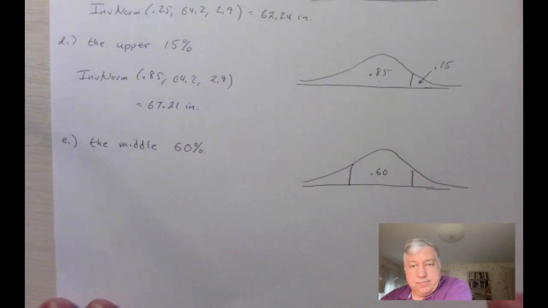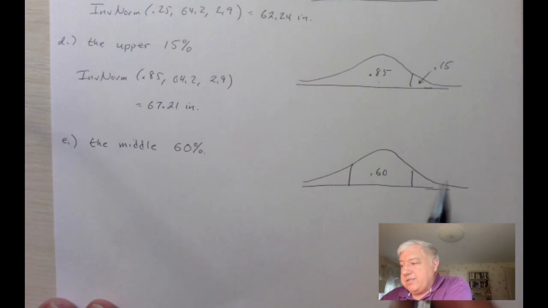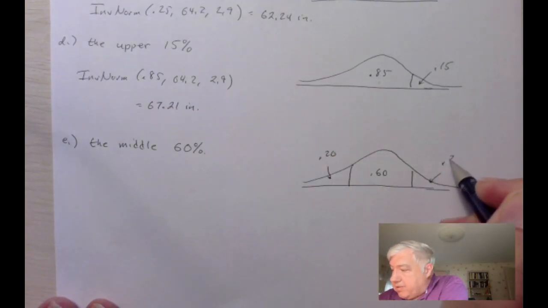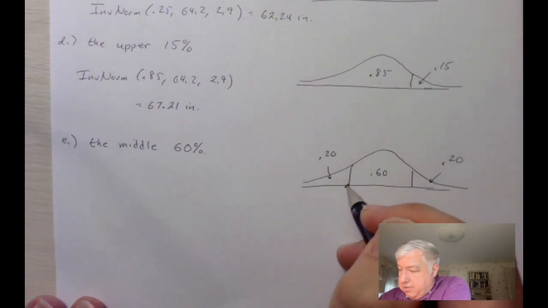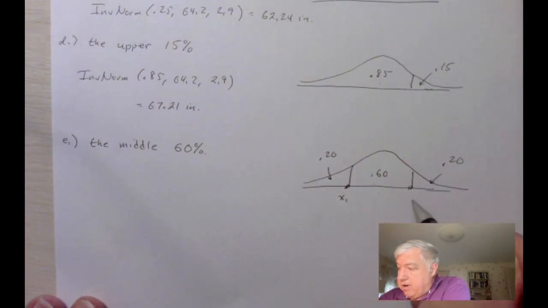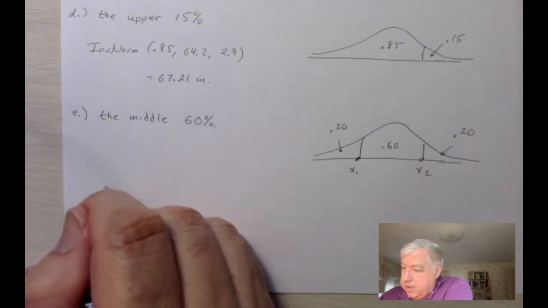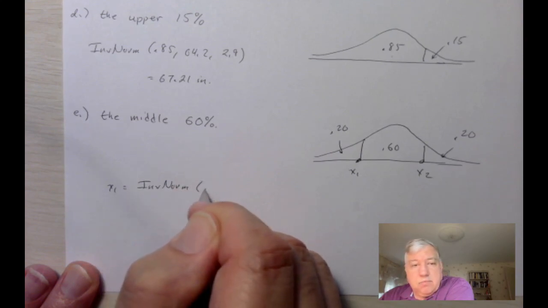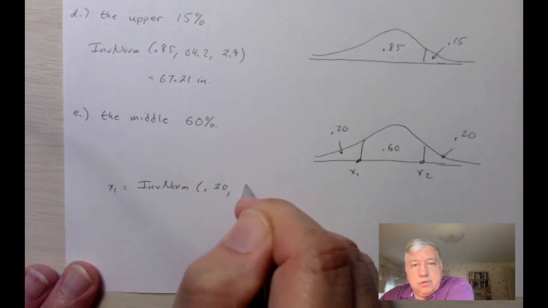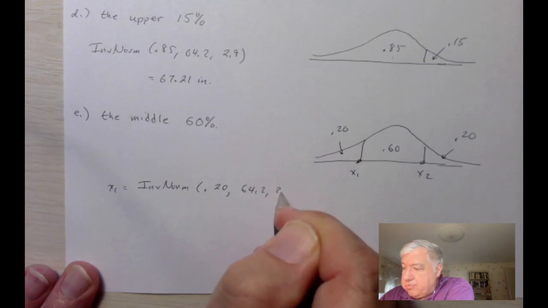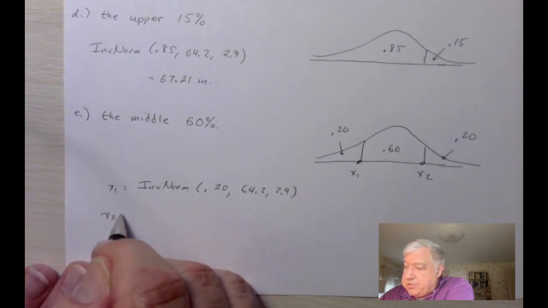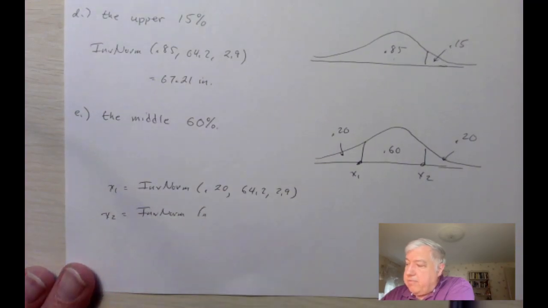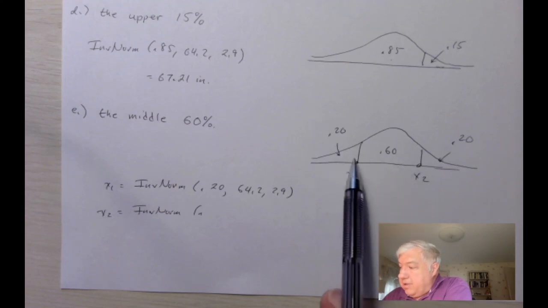And then the middle 60%, that's this. If this middle region is 0.60, then this region is 0.20, and this region would be 0.20. Okay, so we call this x1 and x2. x1 would be inverse norm of 0.20, 64.2, 2.9, and then x2 would be inverse norm of, what would this be now, the total region?